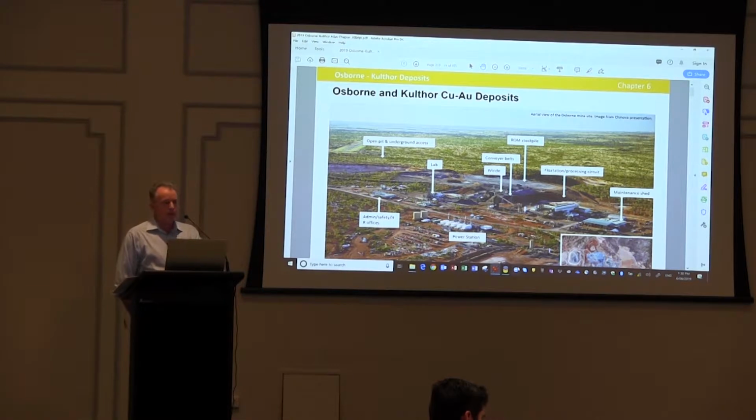Geochemistry, of course, when you're looking at Osborne and Eloise, certainly surface geochemistry is a bit lean, simply because it's tough to get through that cover sequence.